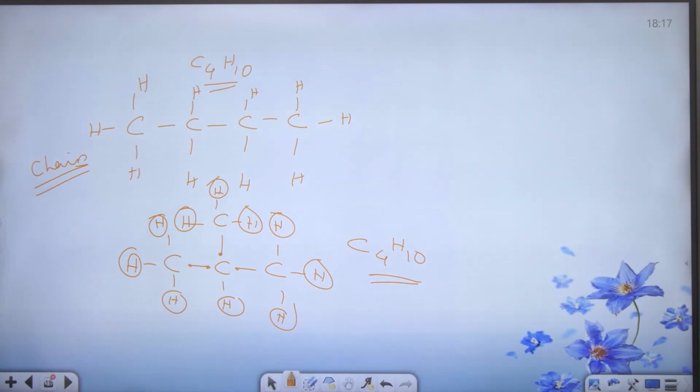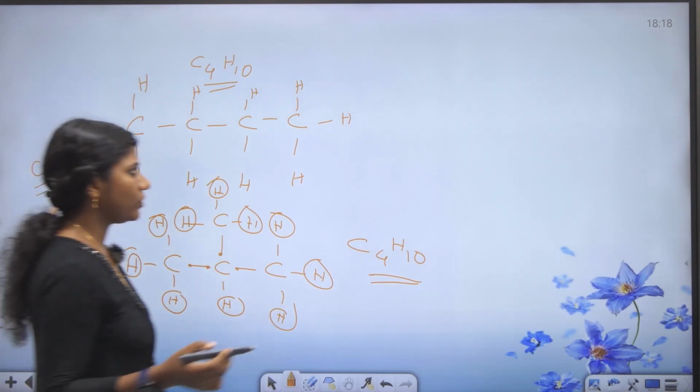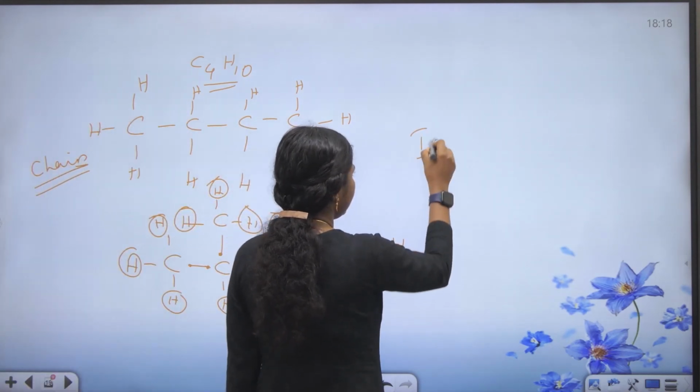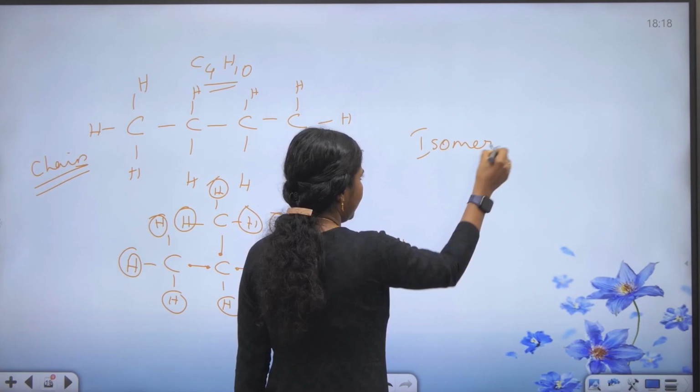The first one is a chain molecule, the second one is a branched molecule. But both have the same molecular formula C4H10. But both are two different molecules. Same molecular formula but different structural arrangement. That type of molecule is known as isomers.